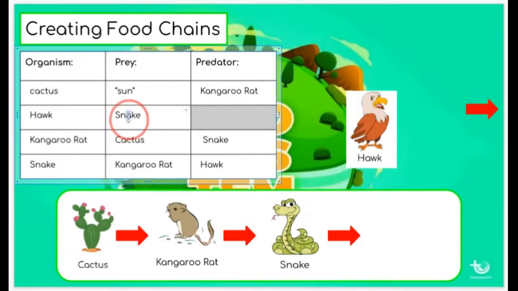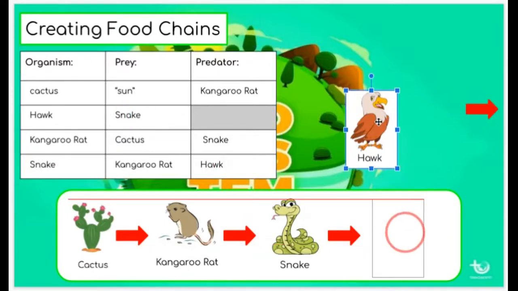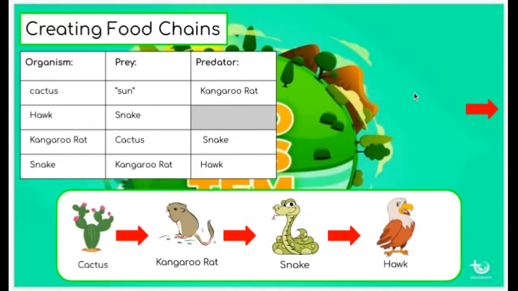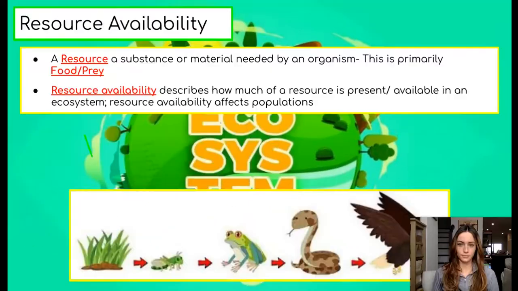The hawk's prey is the snake, and the snake's predator is the hawk, telling us that we have indeed done our food chain correctly. And now we have a food chain that represents the flow of energy through this ecosystem, starting with the producer, down here, the cactus, and ending with this apex predator, the hawk.